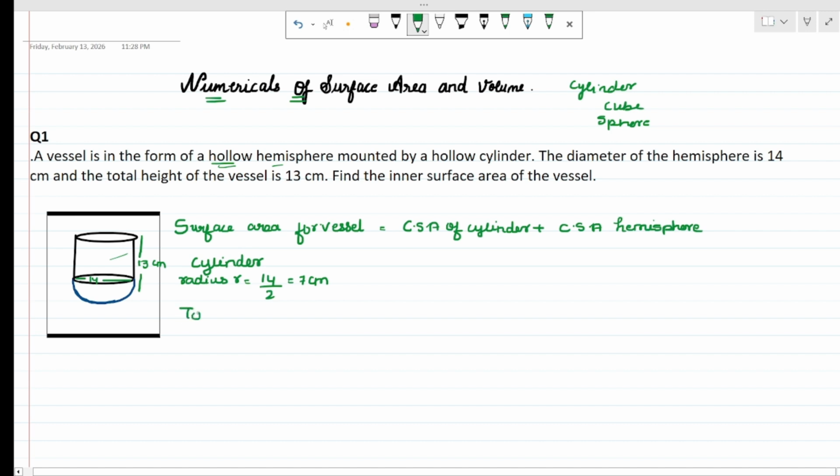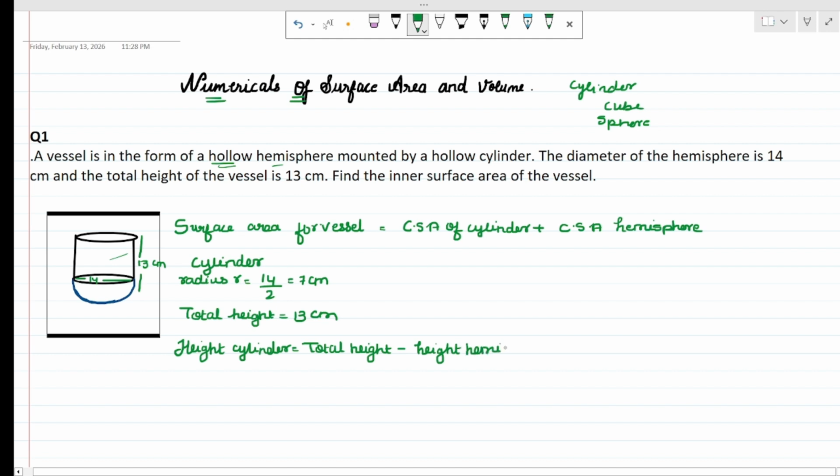Whereas the total height is 13 centimeter. Then what will be the height of the cylinder? The height of the cylinder will be total height minus height of the hemisphere.